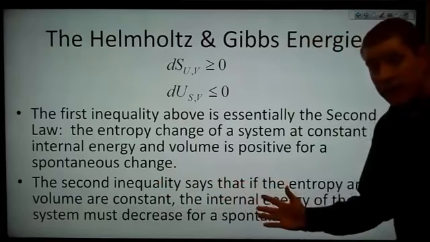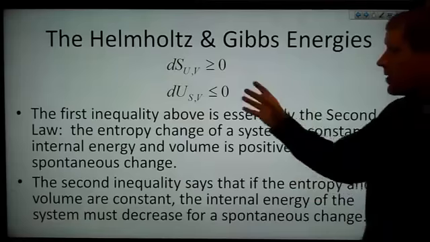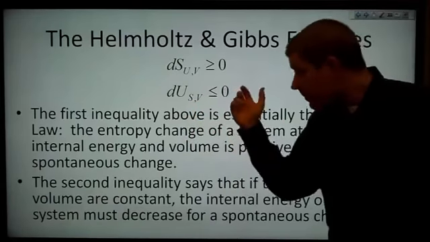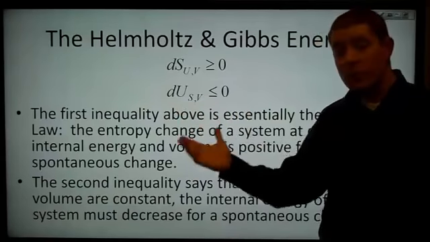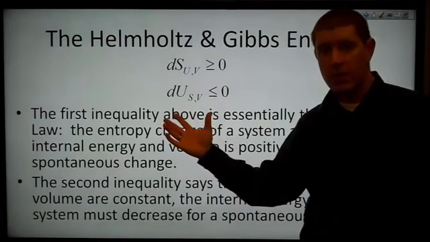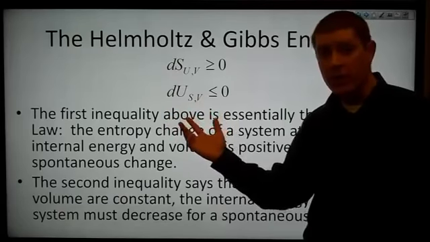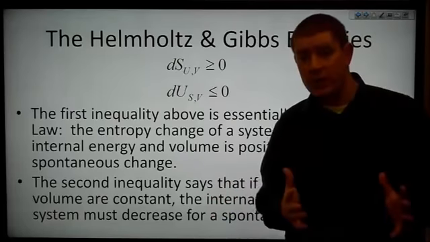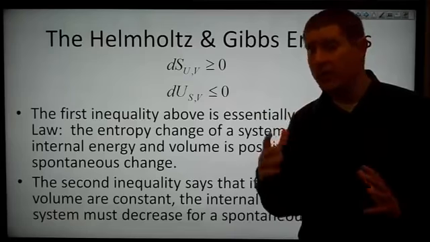So what this is saying is that if we're not changing the entropy and we're not changing the volume, then the internal energy must decrease, by which we mean that energy must be leaving the system as heat, because we're not allowing any work to be done. So energy must be leaving our system as heat that's going into the surroundings. So really, we're increasing the entropy of our surroundings.